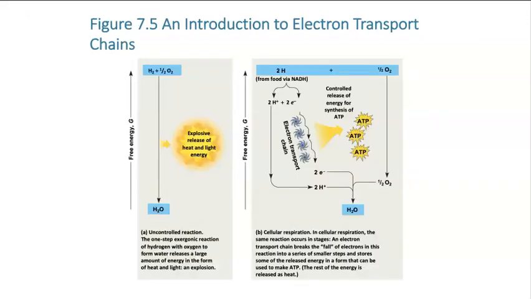This is just a reminder that the electron transport chain is an important part of the process, but it's a stepwise process. We don't just let the electrons join up hydrogen and oxygen. That would be an explosion. So it's a very slow and stepwise process. And that slow and stepwise process is going to be important in generating eventually our ATP.